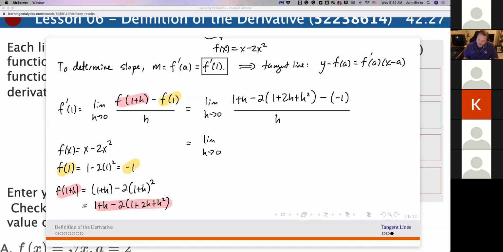All right, so do a little bit more simplifying there in the top. I'm going to distribute the 2 and the -1. So this will give me 1 plus h minus 2 minus 4h minus 2h squared minus a -1 or +1.